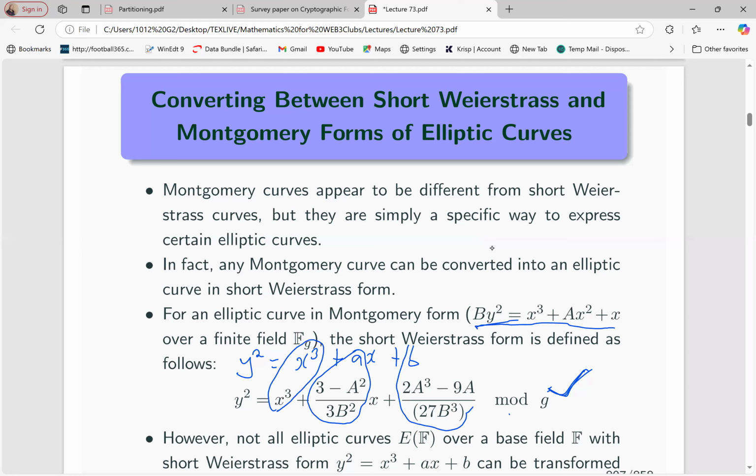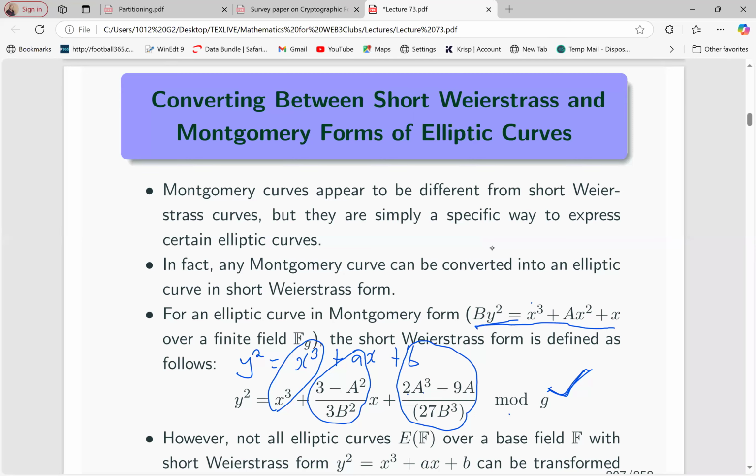So if I'm given the Montgomery form, I can easily get the short Weierstrass form just by noting that our A is equal to (3 minus A squared) over (3 B squared). And then our B will be equal to (2A cubed minus 9A) divided by 27 B cubed.